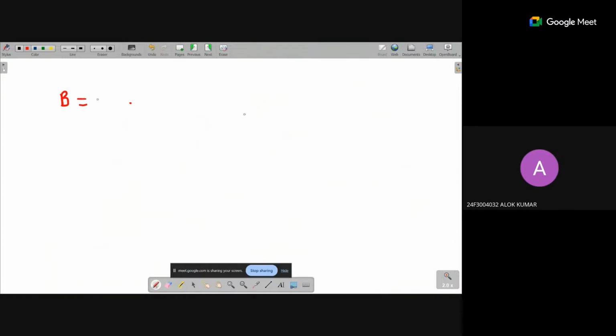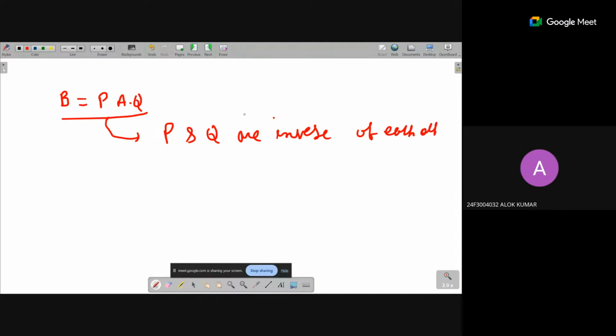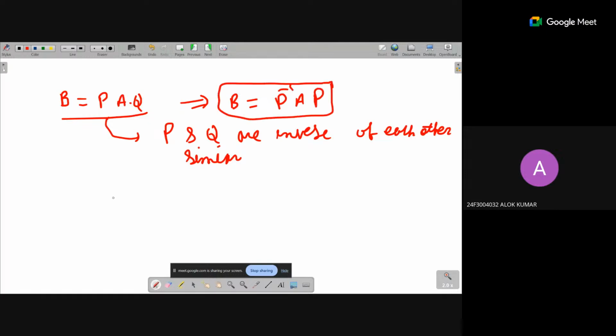Suppose B is equal to PAQ, and if P and Q are inverses of each other, it means we can write B as P inverse A P. Then we can say that the matrices are similar.